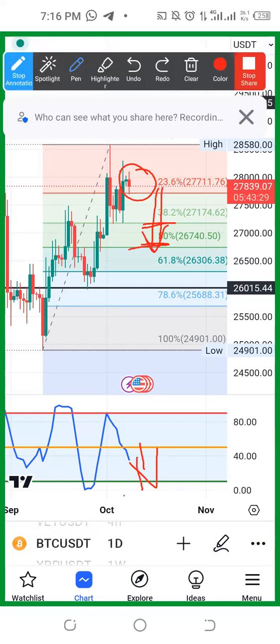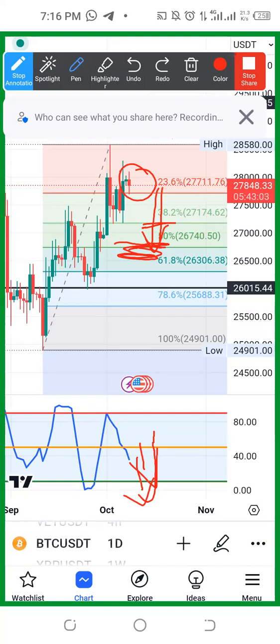So some of us that are in floating loss, your floating loss might increase because Bitcoin might drag all those coins down. At the moment it gets to around 26,740, it's going to retrace back up, because it has been rejected here.